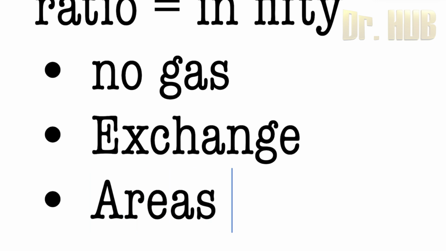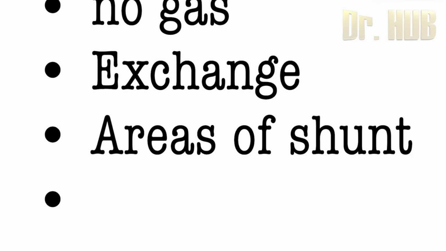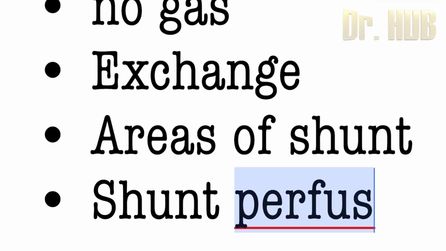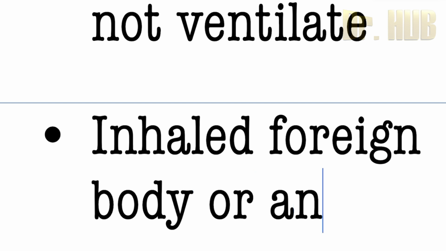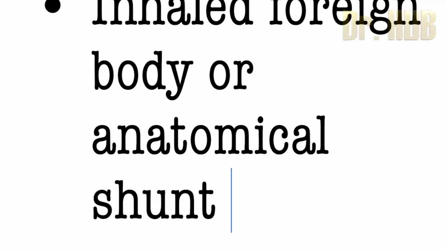The areas of shunt are the areas that are perfused but not ventilated. Examples are the physiological shunts such as an inhaled foreign body, or the anatomical shunt, such as the right to left shunt.